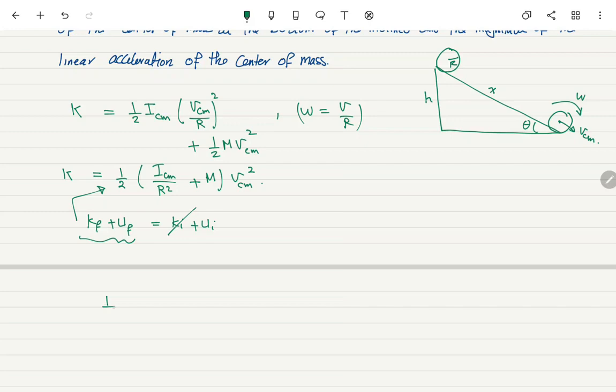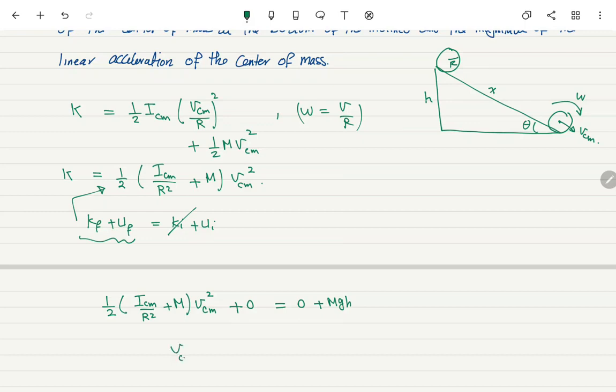In this case, half I center of mass over r square plus m, times v center of mass square, plus 0, again no potential energy at the bottom of the inclined surface, equal to no kinetic energy at the beginning of motion plus mgh, only potential energy we have at the beginning.